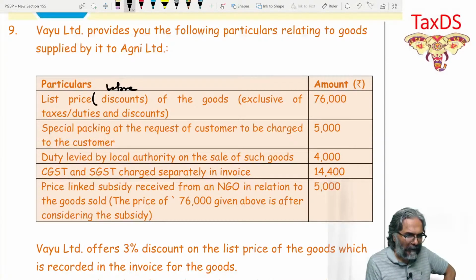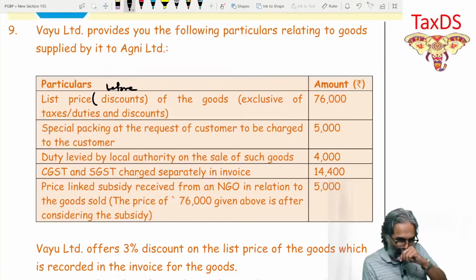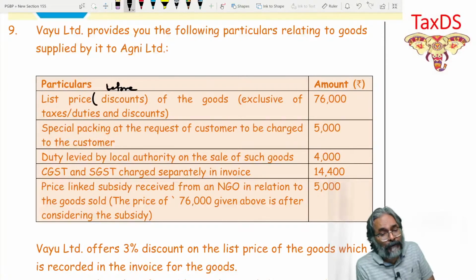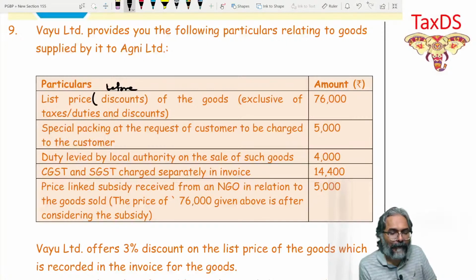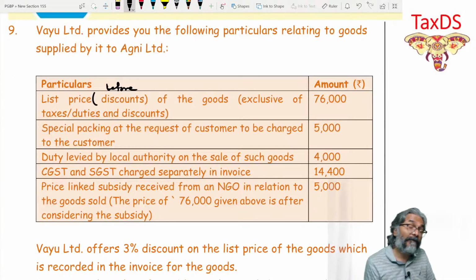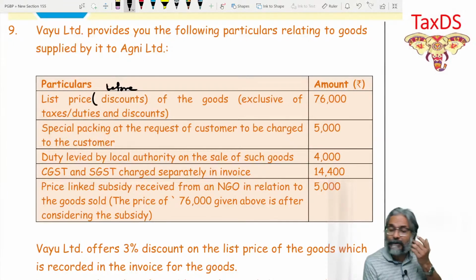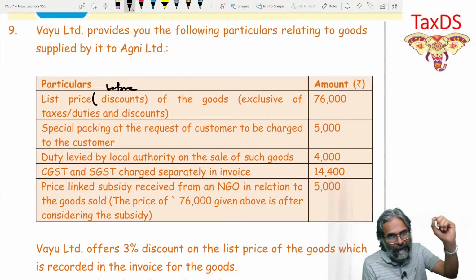The list price of the goods, exclusive of taxes, duties, and discount. Which means, can I say this is the price before taxes, before duties, and also before discount? Yes, that is what it means. And how much is the amount of list price? 76,000.